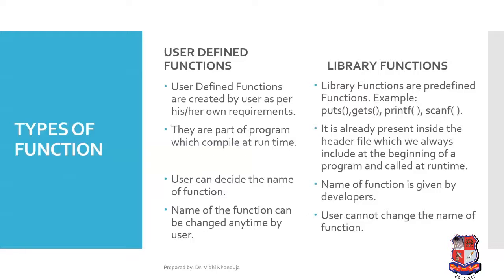We just call them whenever we need to use them. Like printf, scanf. You all must have used these functions in your earlier programs, right? These are library functions which are declared in stdio, the standard input output header file.